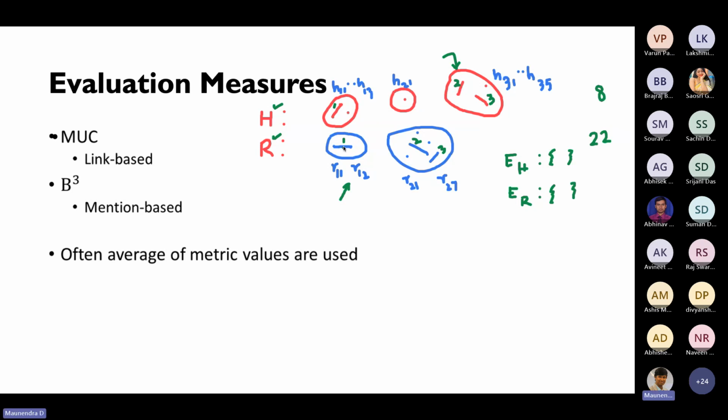So the numerator will be how many entries or how many mentions here match with the mentions here. So that is the intersection that we are trying to find out. And for precision, you divide that number by the number of elements here. For recall, you divide by the numbers here. Okay, so that way you find the precision and recall for that particular mention.